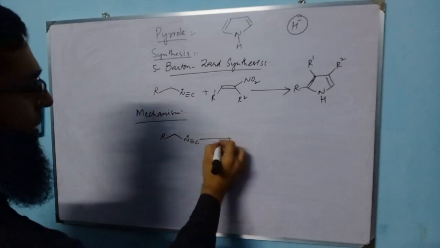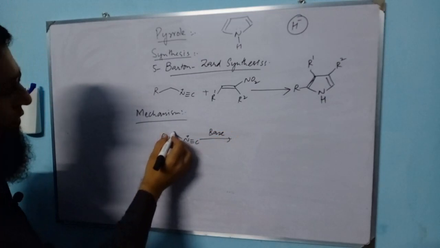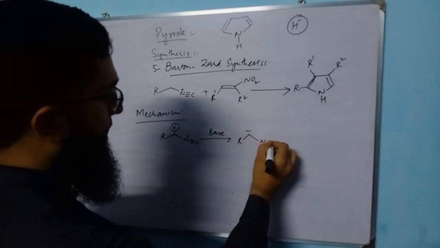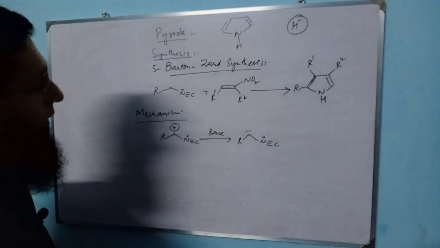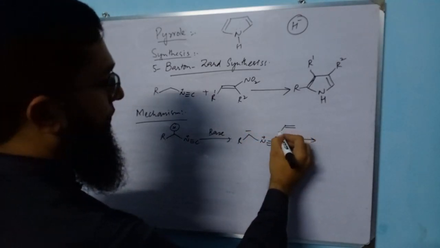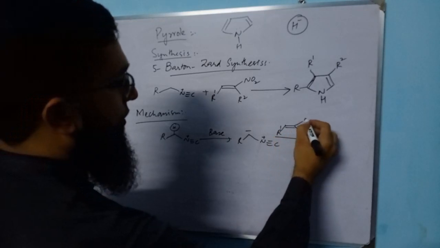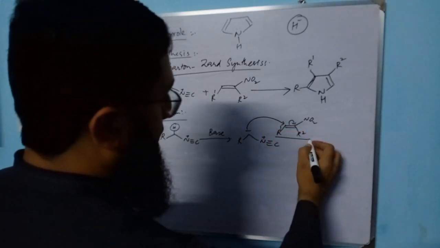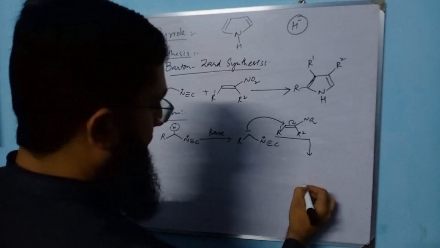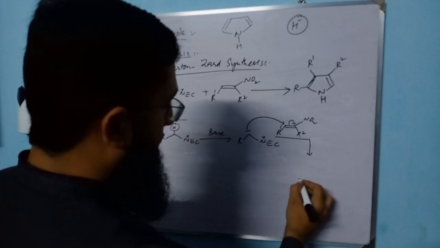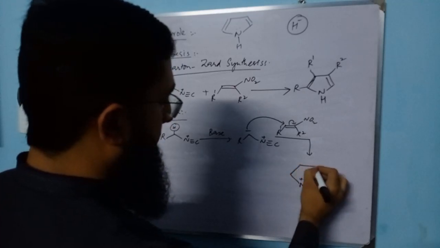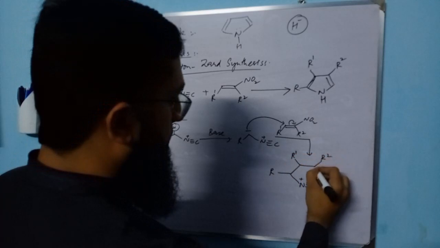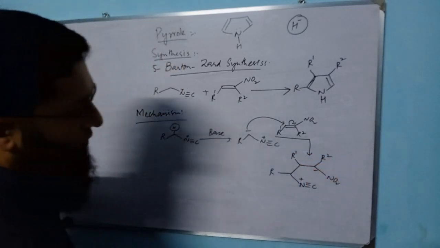In the first step, base would be added, and proton from here can be abstracted to give corresponding carbanion, and this can attack this nitroalkene, and it would result in this molecule.